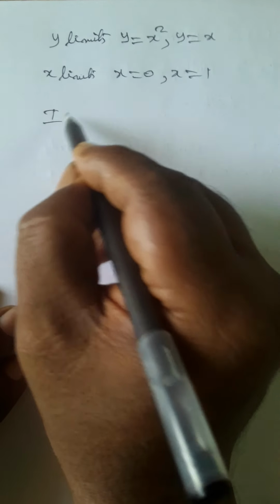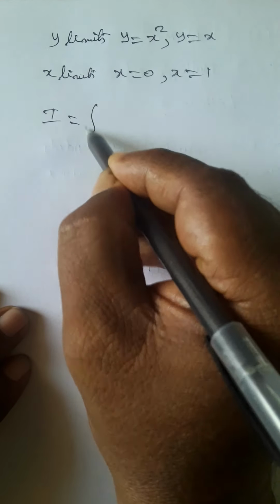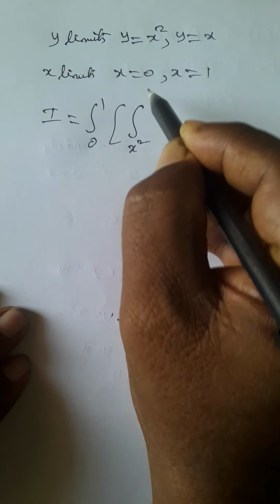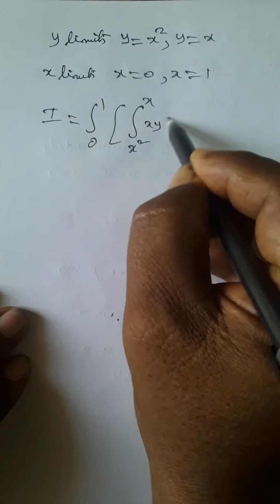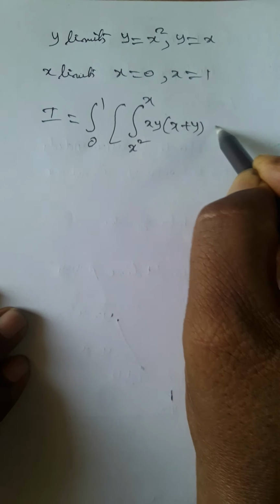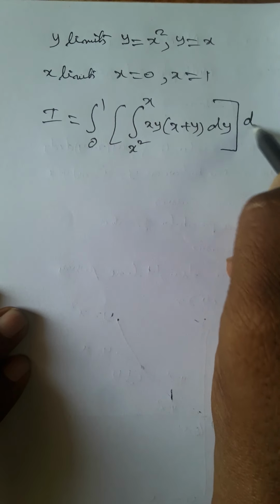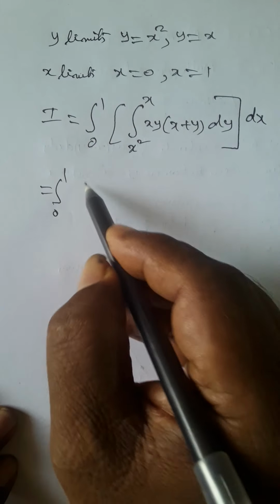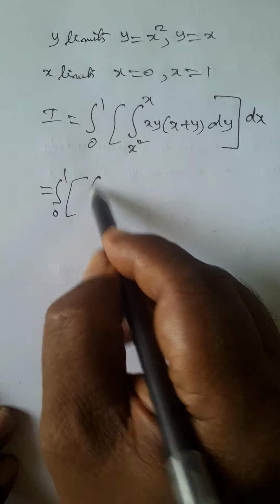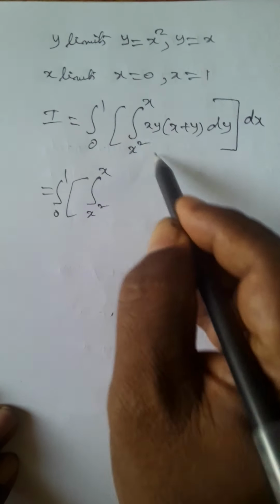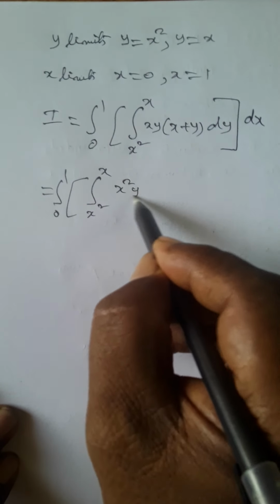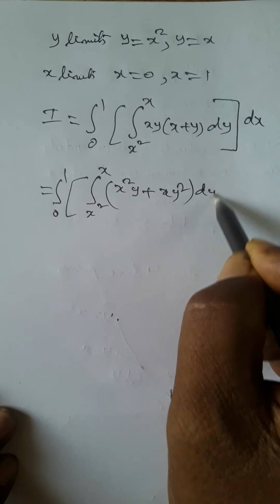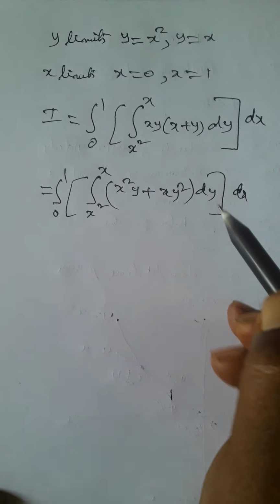Now your I is equal to integral 0 to 1, integral x square to x, xy into x plus y, first with respect to y, then with respect to x. That is integral 0 to 1, integral x square to x, of x square y plus xy square, dy dx.